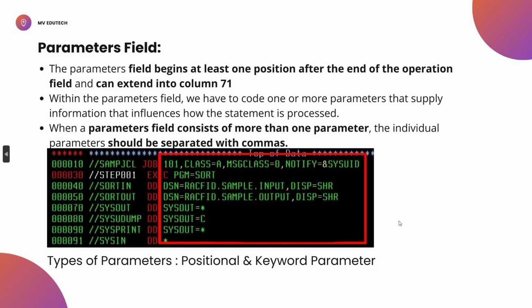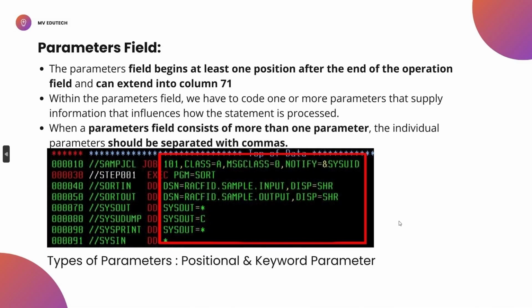Within the parameters field, we code one or more parameters that supply information that influences how the statement is processed. Whatever you want to do with your files, like PS or PDS files, you can give any type of parameters in the parameter field.